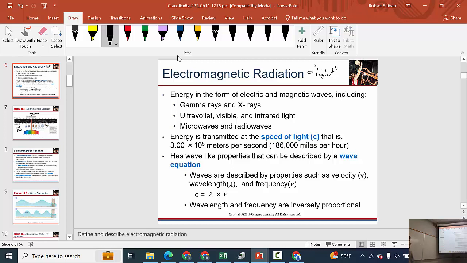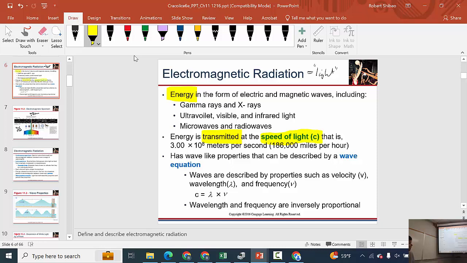Energy in the form of electric and magnetic waves, including gamma rays, X-rays, ultraviolet, visible, infrared, microwaves, and radio waves. Energy is transmitted. Okay, so this is energy. Light is energy. First thing, light is energy, and it's energy that's transmitted at the speed of light.